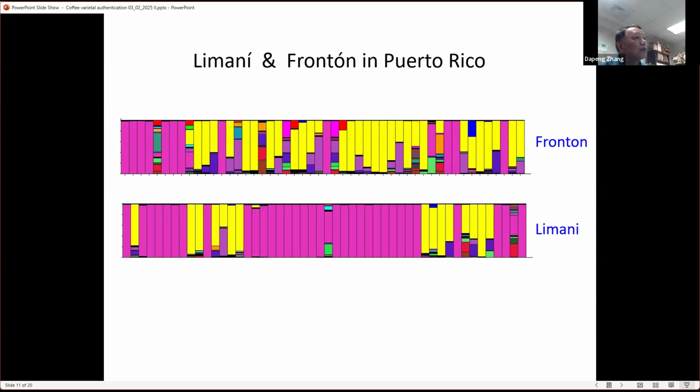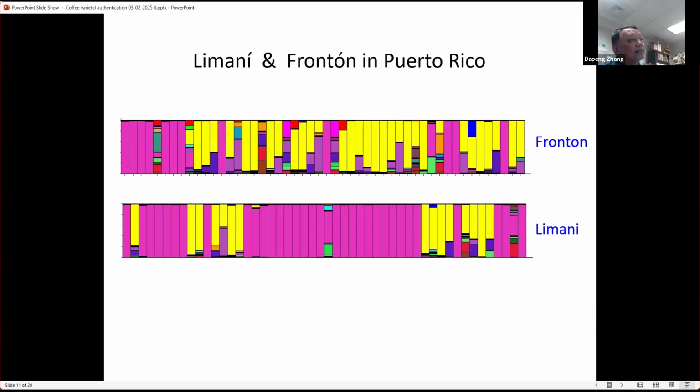The light purple color is Limani, and the yellow bar represents the Fronton. As you can see, lots of Fronton were labeled as Limani, and lots of Limani were labeled as Fronton. So there's a high rate of mixture. More than that, you can see there's lots of mislabeled hybrids. They are neither Fronton nor Limani, right?